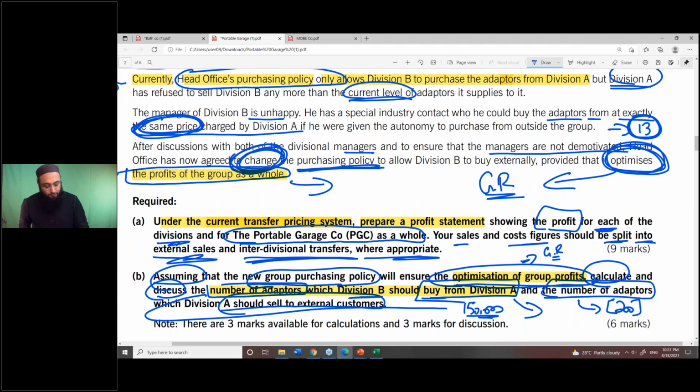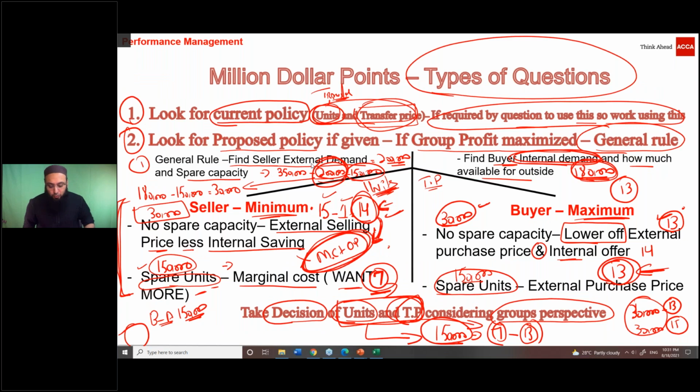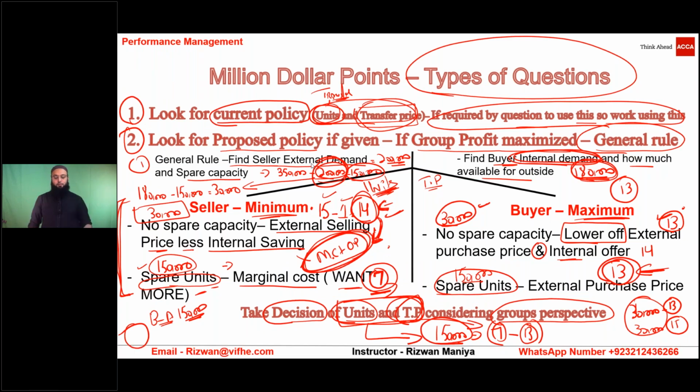He will not compromise those 30 now, plus the 170, which means 200,000 total. Found out through this general rule? Yes or no?